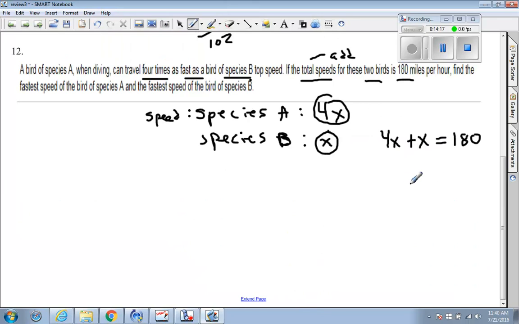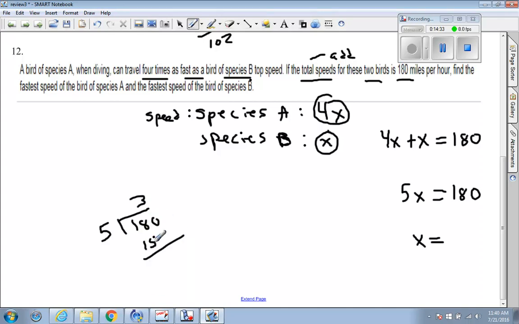Keep solving. So that's 5x equals 180. So that's x equals whatever 180 divided by 5 is. And we can go off on the margin and do that. Which is 36.